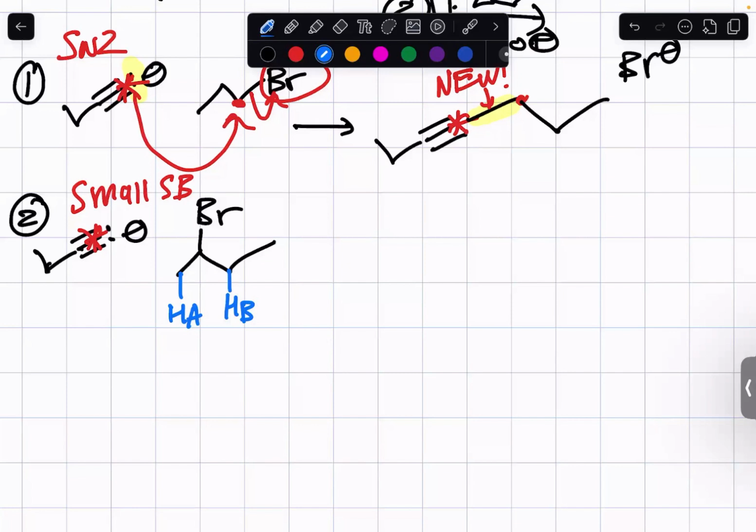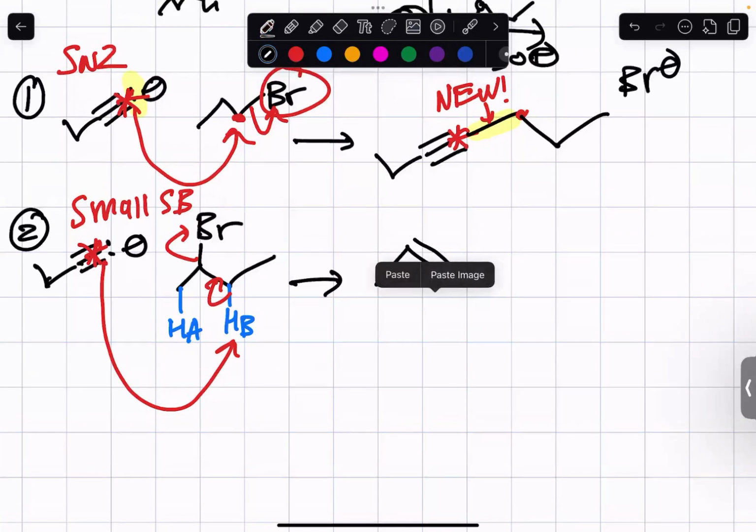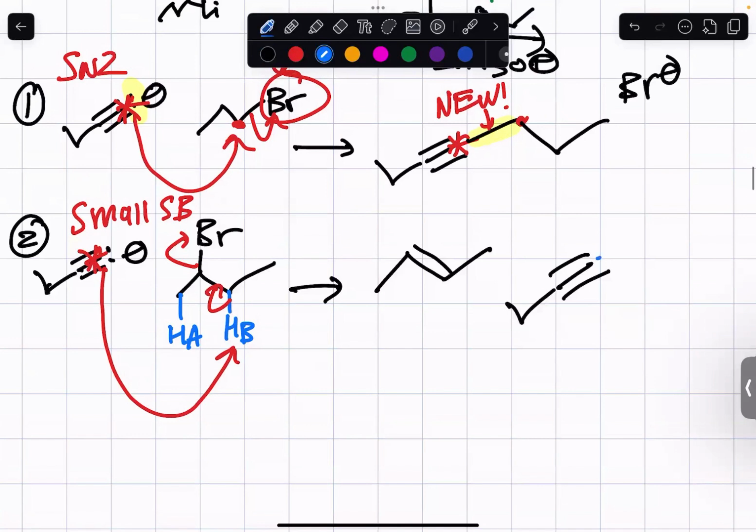Yeah. HB, it would go for HB because it is Zaitsev. So we're going to have this base grab HB. The bond between HB and carbon is going to make a double bond over there, kick out the leaving group, and give us this alkene right here, and this terminal alkyne where the hydrogen that is attached to this carbon is this blue HB with the blue bond right there now.